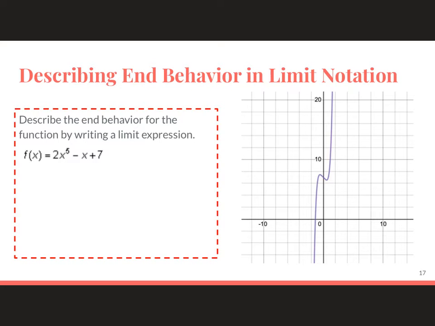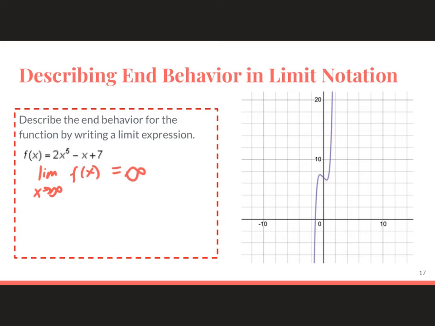If we're talking about the right end behavior, then x is approaching positive infinity. So the limit as x approaches positive infinity of f of x just asks us what is the right end behavior. When I look at the graph for this function, I see that I'm approaching positive infinity, so this is just going to equal positive infinity. No need to put the positive sign.